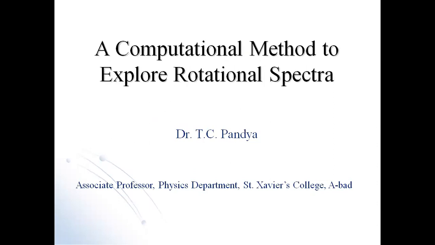I hope you will perform this exercise and you will submit your report, because you have to prepare your journal and you have to write this exercise in your journal also. So I request you perform this method to explore the rotational spectra using an Excel sheet and do the needful.